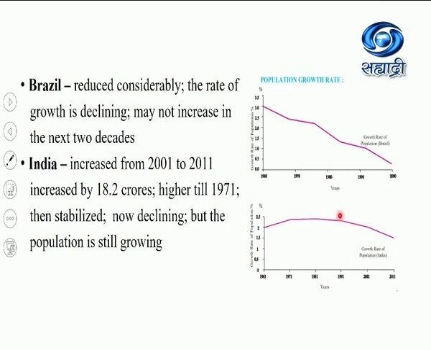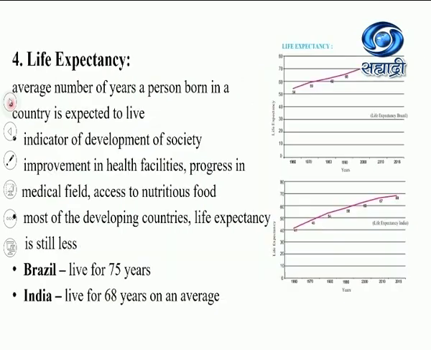Then it stabilized to some extent. Now you can find it is declining. So the birth rate has been largely controlled and that's why population growth has been controlled to some extent. But still, because of migration, we can say the population is still growing in India.